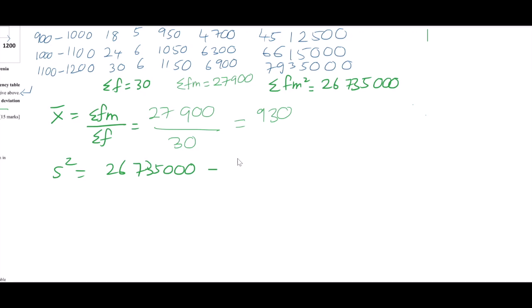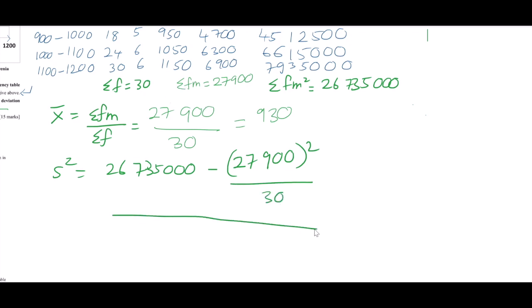So that would be minus 27,900 square divided by the summation of f, which is 30, divided by the summation of f minus 1, which is 29. This gives us 27,172.4138.